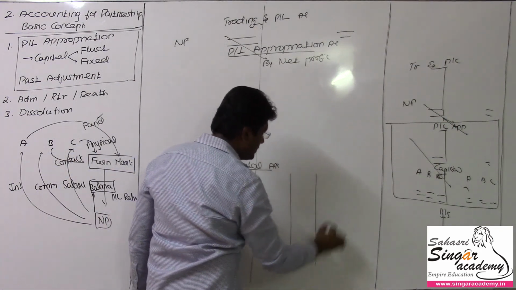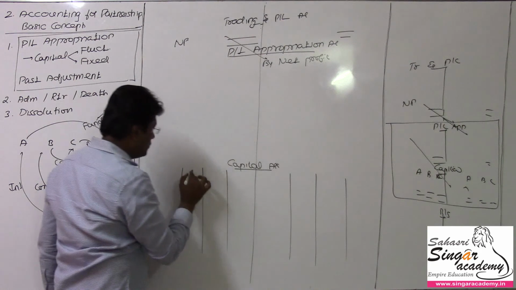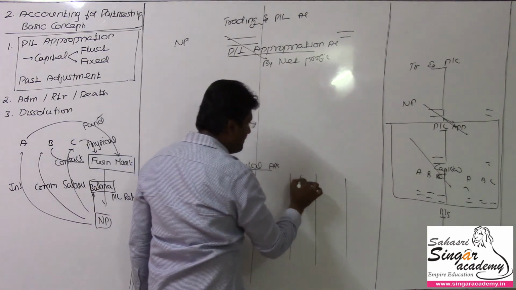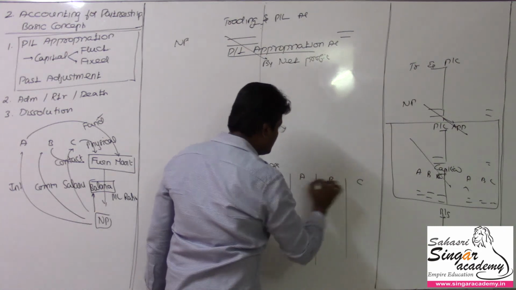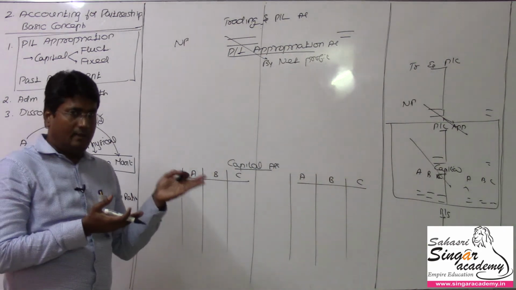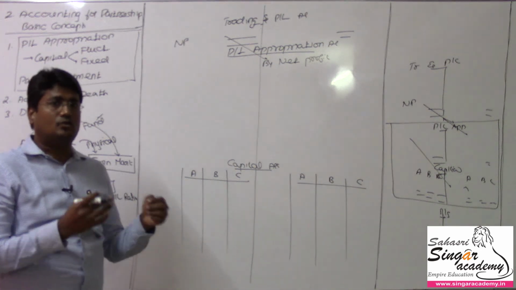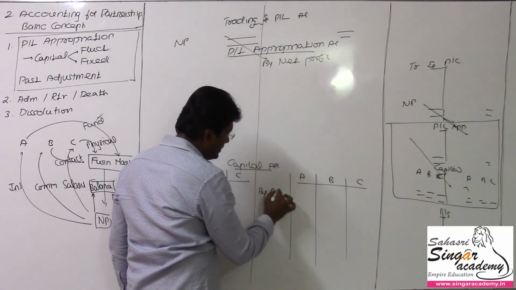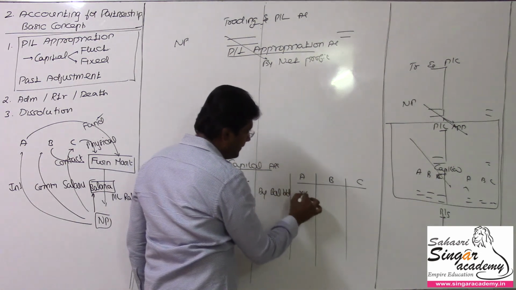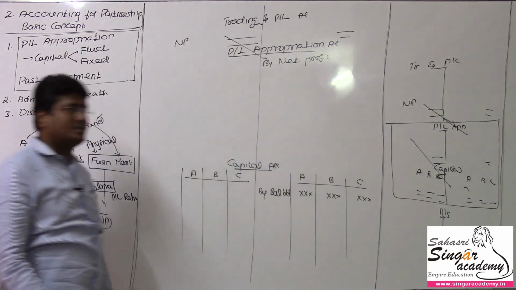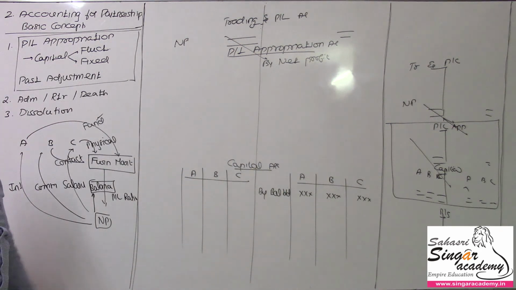So A, B and C, three columns. Capital is usually on the liability side, so the balance will appear on the credit side. So by balance brought down for A, for B, for C, we have the balances on the credit side.